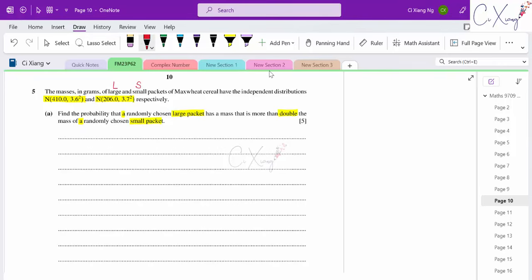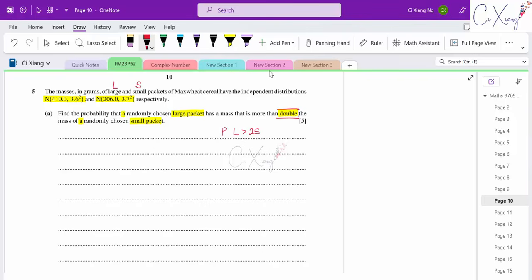For this question, the keyword will actually be double. So that means I'm going to look for the probability of L greater than 2S. Double means times 2, right? So 2S.